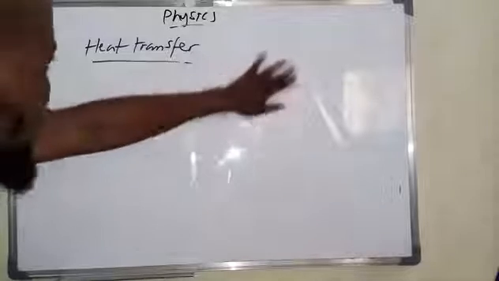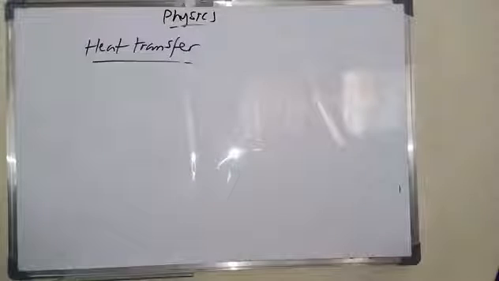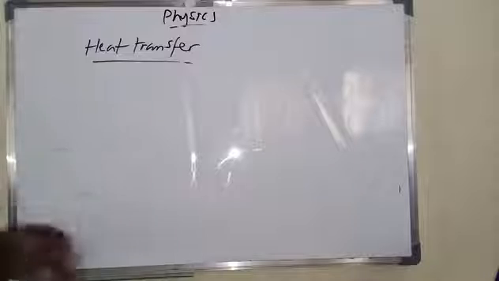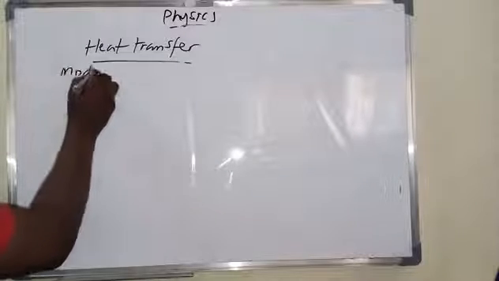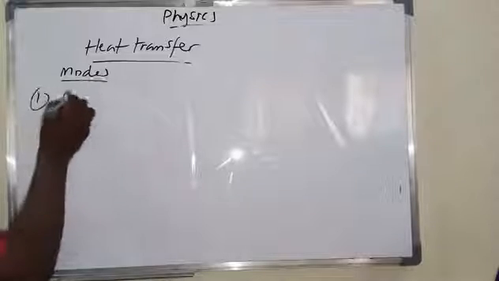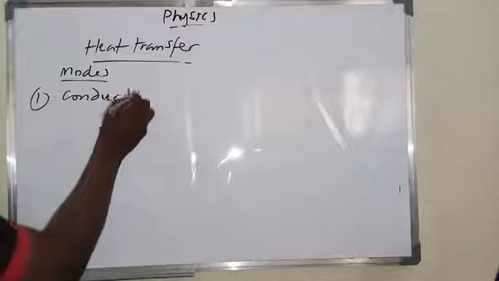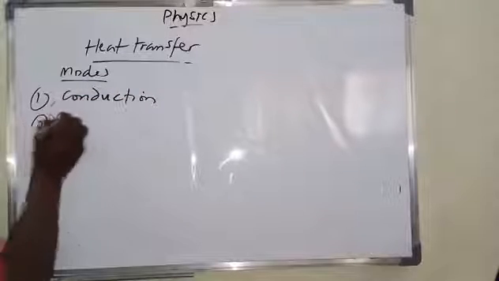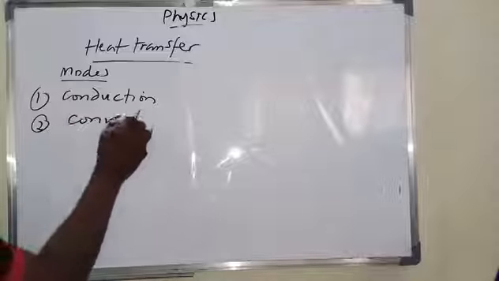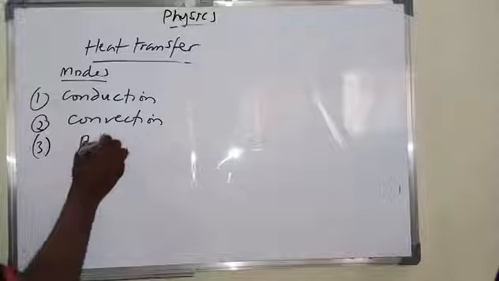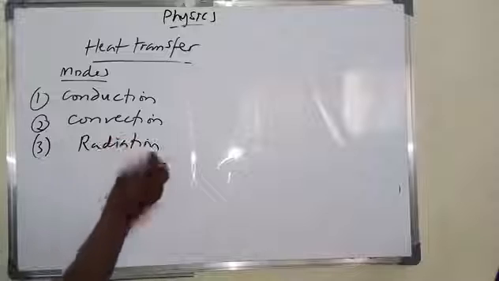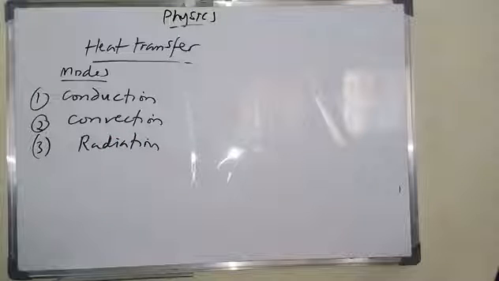To summarize, there are modes by which heat transfers from one point to another. The modes of heat transfer are conduction, so heat can transfer by conduction, or by convection, or by radiation. So these are the three major means by which heat transfers from one point to another.